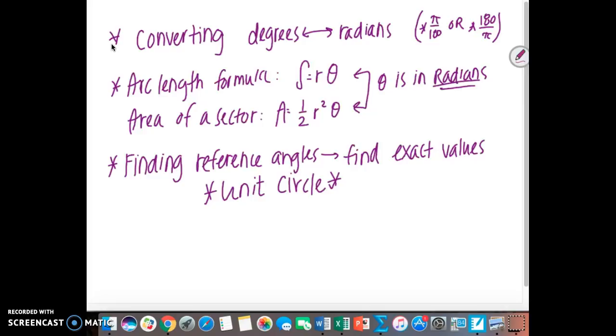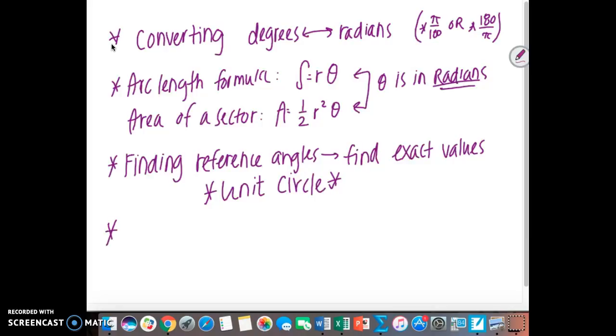This is all old material that we have learned in Chapter 5, finding reference angles and exact values using the unit circle. Just instead of using a t, we're now using theta. It's nothing new, but please do not forget the unit circle. It's something that will stick with you throughout your math career.